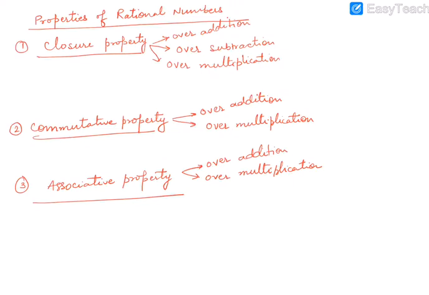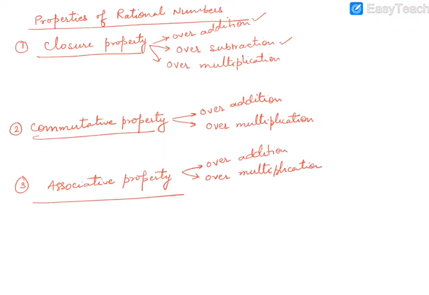This is closure property over addition. The next one is over subtraction. It says that when we subtract 2 or more rational numbers, the answer is also a rational number. The third, over multiplication. It says that when we multiply 2 or more rational numbers, the answer is always a rational number. So this is known as closure property.